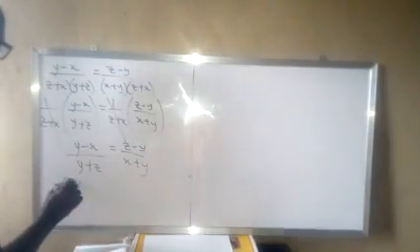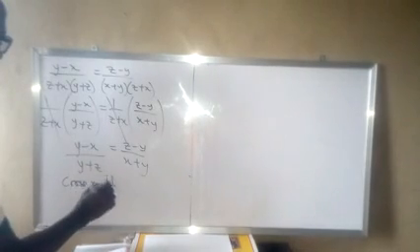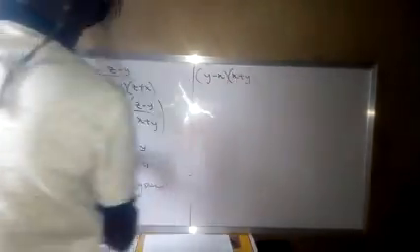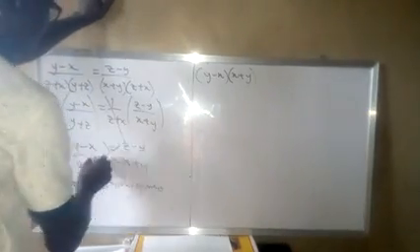We now cross multiply, so by the time we cross multiply, y minus x into bracket x plus y, that is cross multiplication, is equal to z minus y into bracket y plus z.